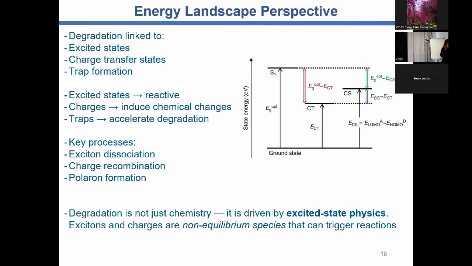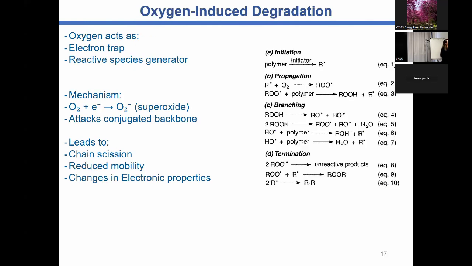So in terms of trigger, the excitons and the free charges are species that trigger morphological reactions or chemical reactions also.